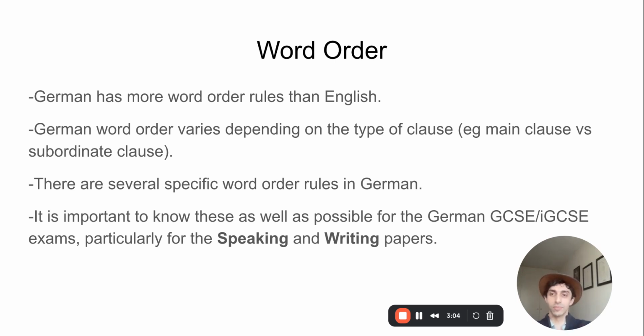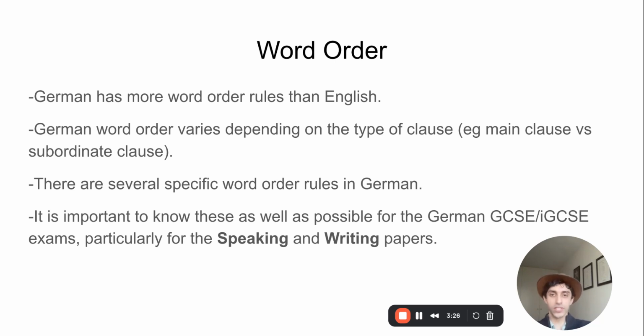And there are certain similarities there, definitely, between German and English, as well as other Germanic languages. But there are crucial differences as well. And these differences, including the word order, will be areas that tend to trip up many students when they're speaking or writing in German in their exams.